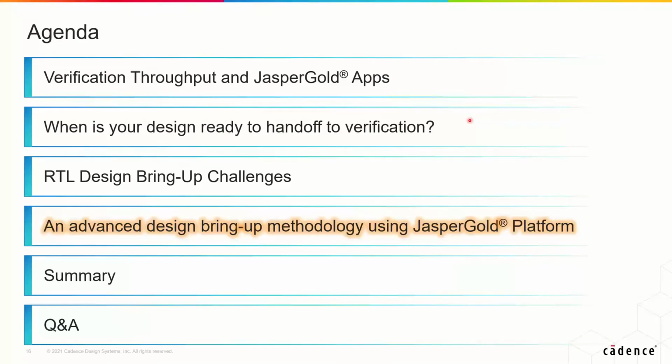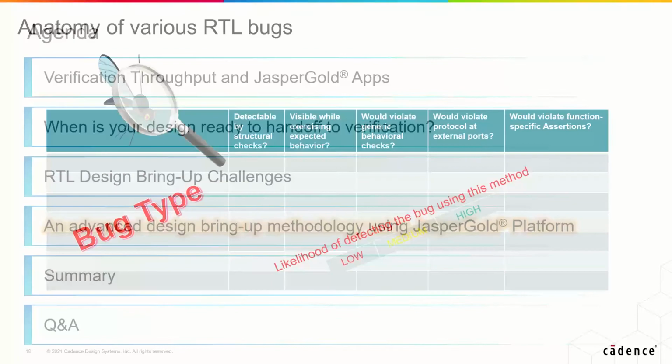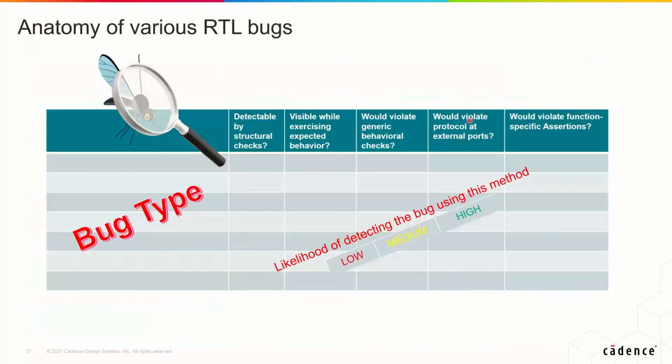All right, so let's talk about this methodology that I will describe here today. But before we do this, let me take a quick look at the anatomy of various RTL bugs that we can find.